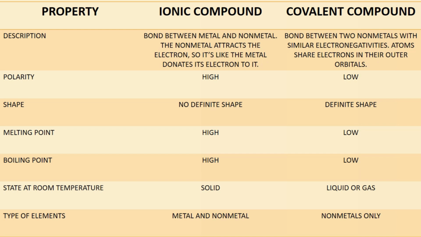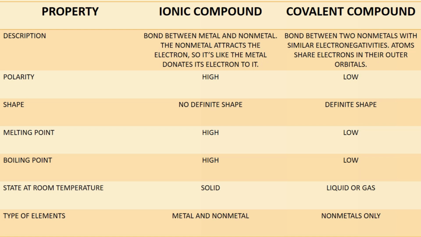So let's define the ionic compound and covalent compound. Description: in ionic compound, it is a bond between metal and non-metal. So remember this, pag ang compound is a combination of metal elements and non-metal elements, it is automatically an example of ionic compound.